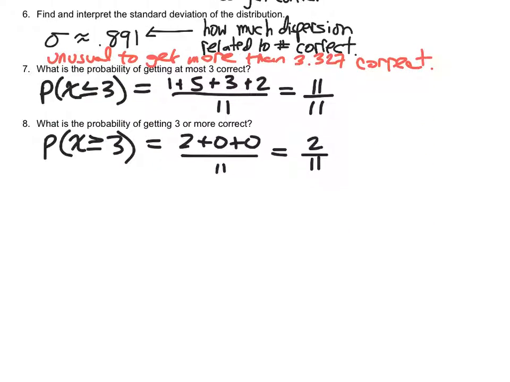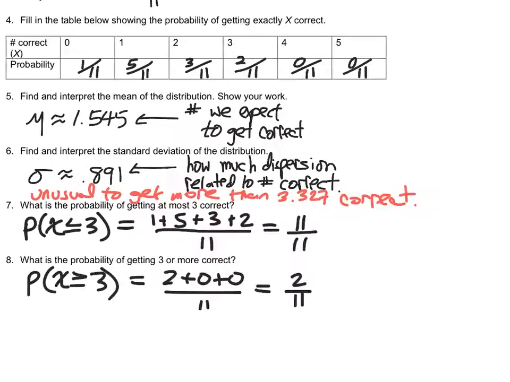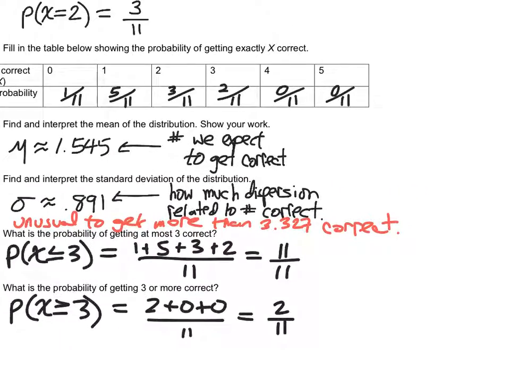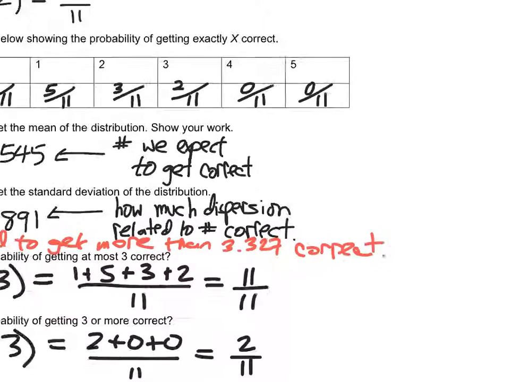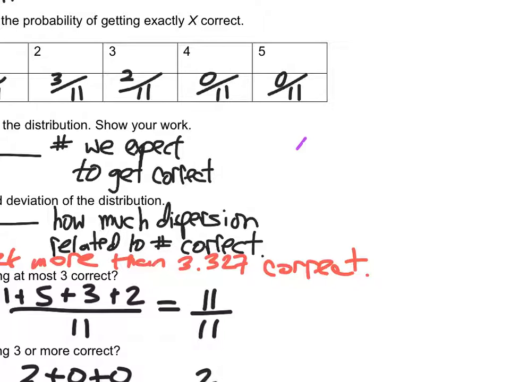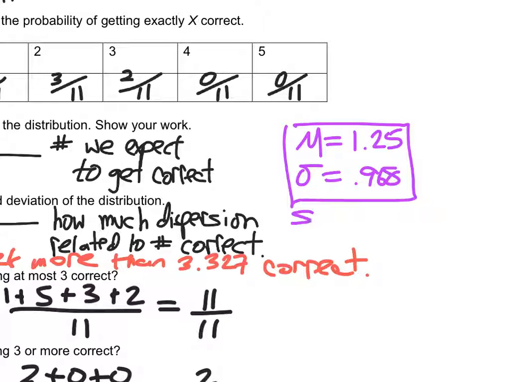We weren't too far away, at least for the mean. So 1.25 and 0.968 should have been.